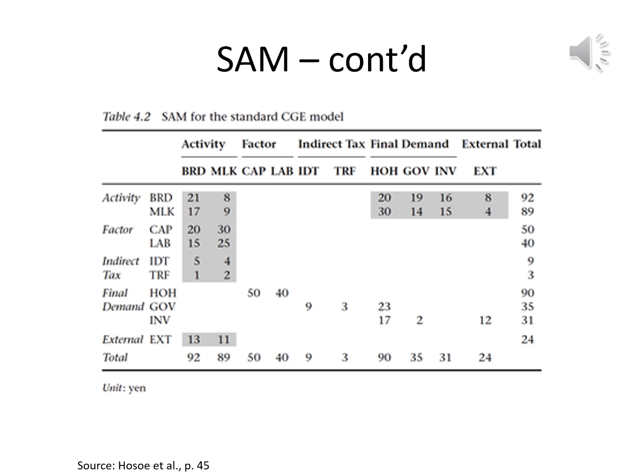Where do these numbers come from? Actually, if you look at the factor rows, cap and lab rows, you will realize that for capital, bread and milk sectors pay 20 and 30 yen. This is on the upper left side of the matrix on the factor rows. You see these numbers, 20 and 30. This is for capital. The sum of these makes up 50. So this is capital payments to households.